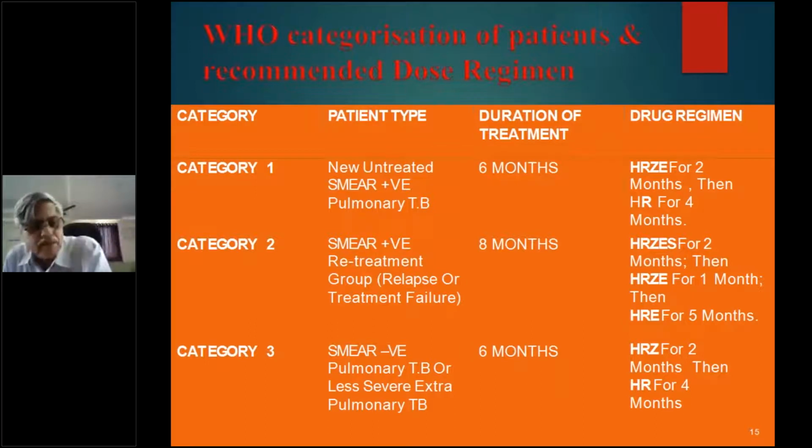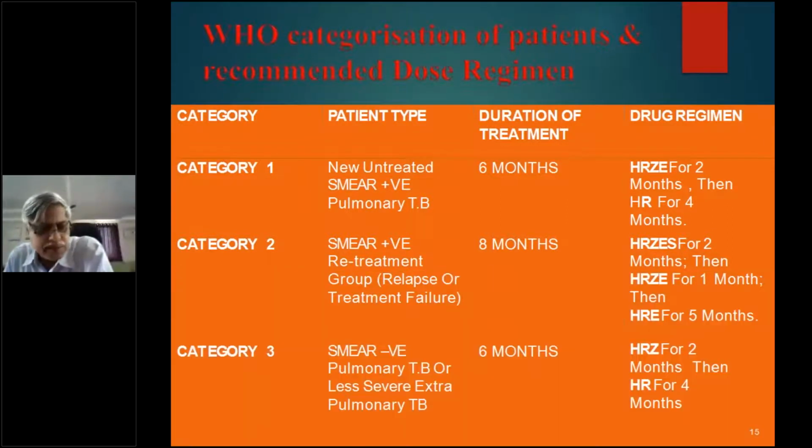Previously, under the 6 month treatment, they did sputum examination after the 2 month intensive phase. If the sputum was positive, they used to continue the category 1 treatment for about 1 more month.